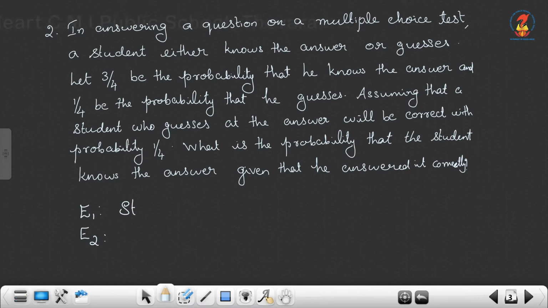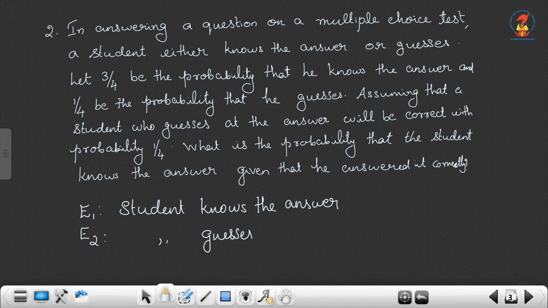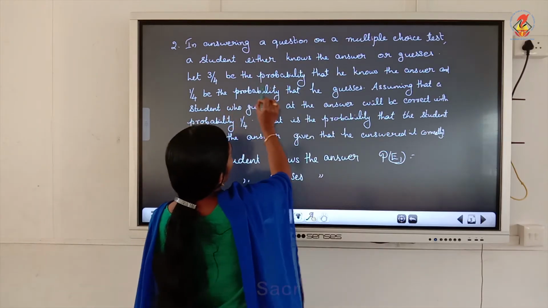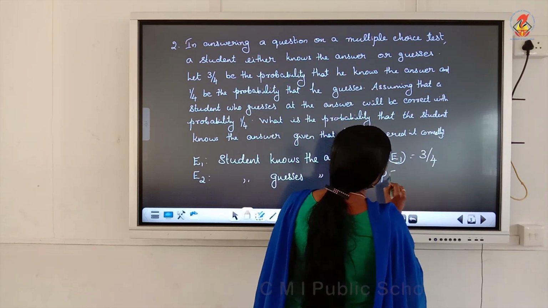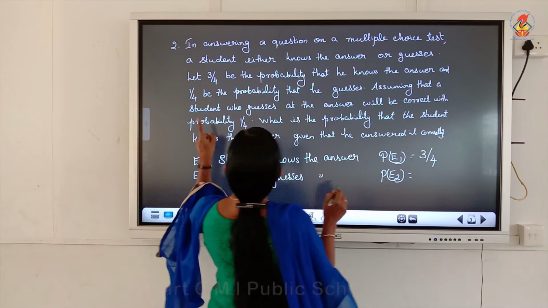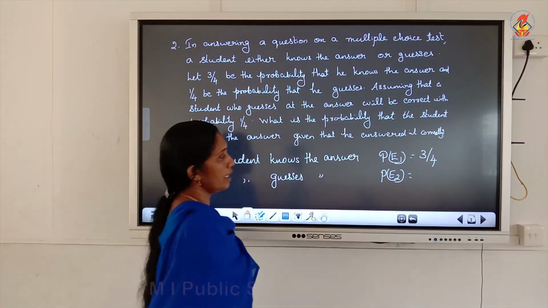E1 means the event that the student knows the answer, and E2 means the student guesses the answer. So what is P of E1? P of E1 is given in the question: 3 by 4 is the probability that he knows the answer. And P of E2 is 1 by 4, the probability that he guesses.